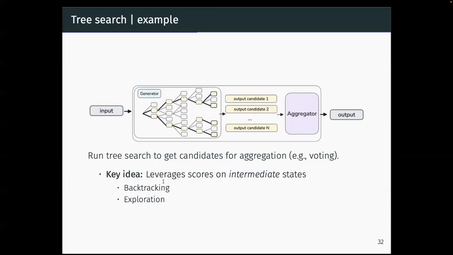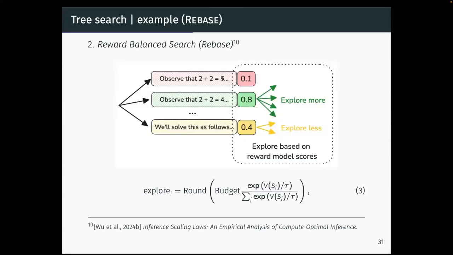The key idea is that by using these intermediate scores, you can hopefully do a bit better than just best of n. In particular, your tree search might be able to backtrack if one path doesn't turn out to be promising. You can also control the exploration based on the generation so far. For example, we saw this one has 2 + 2 = 5.